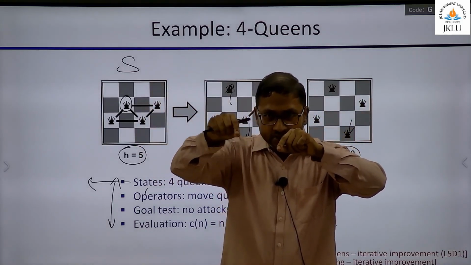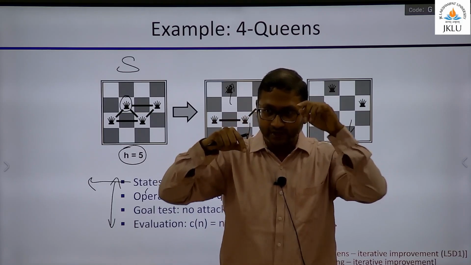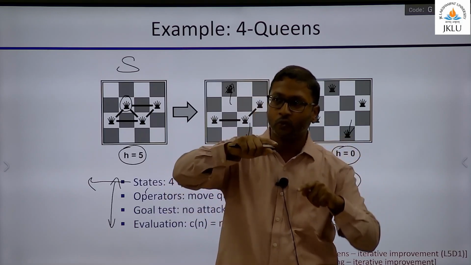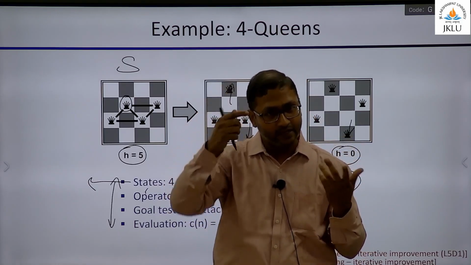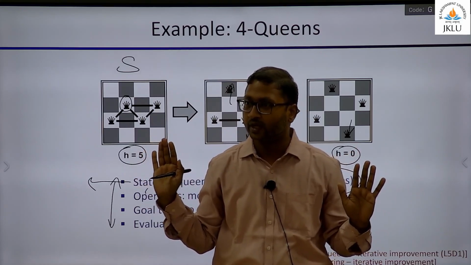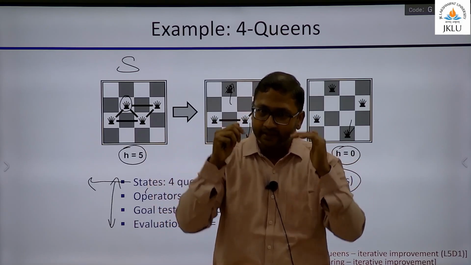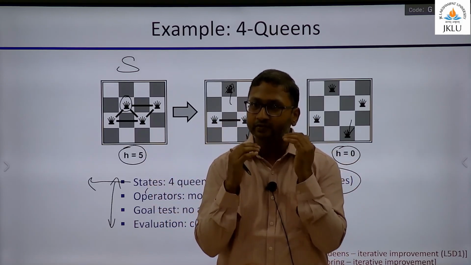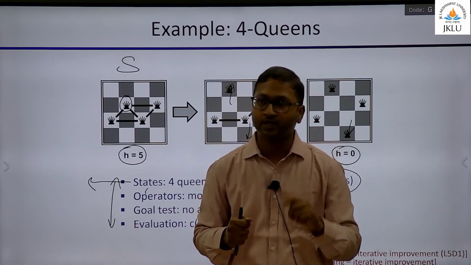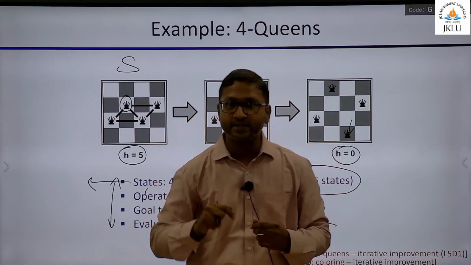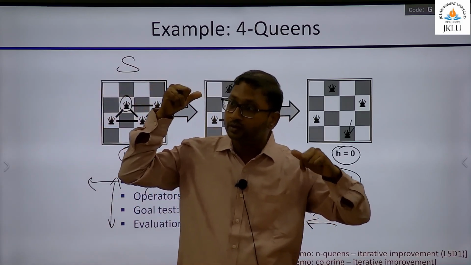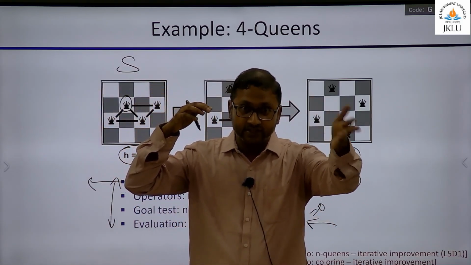If all your states to which you can reach from this state, they give you a value better than this one, you go to that state, else you just stay wherever you are, as simple as this. Okay. So in this case it works even if it is a discrete state space, it doesn't have to be continuous. What is with gradient descent? Because it works on those discrete values. In this case it will work on the number of attacks, the h that you have designed.